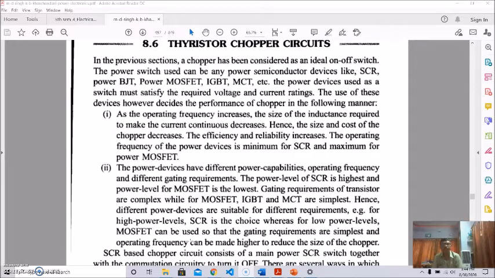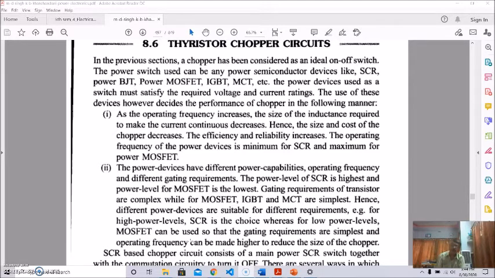As the operating frequency increases, the size of the inductance required to make the current continuous decreases. Hence, the size and cost of the chopper decrease, and the efficiency and reliability increase. The operating frequency of the power devices is minimum for SCR and maximum for power MOSFET.